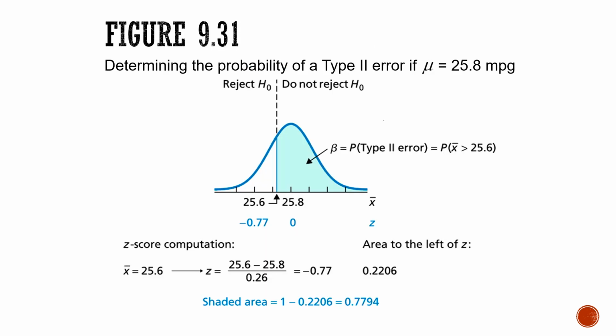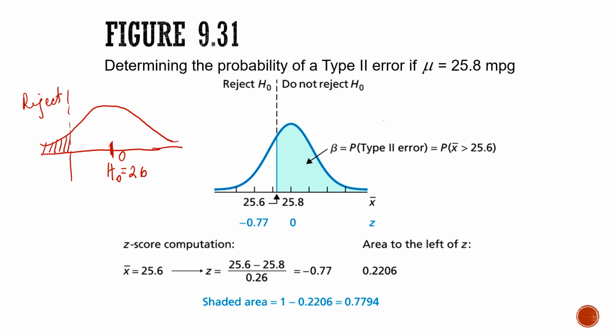Now in the previous slides, we had found our critical value and the corresponding X bar value that went with the critical value. In other words, we had the diagram where our null hypothesis mean, assumed to be true, was at the center, and that value was 26 miles per gallon, if you remember. Then we had our reject region to the left, which had a significance level of 5%.